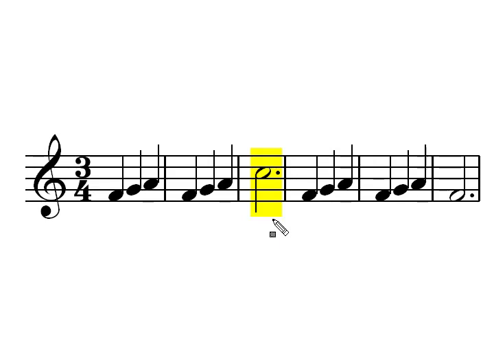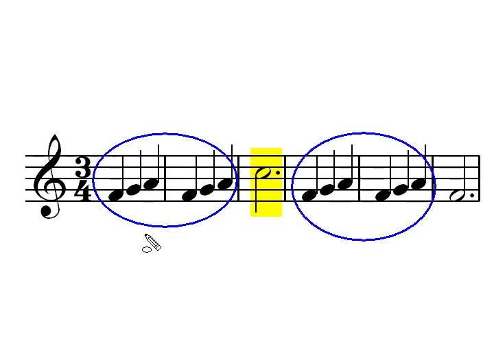But as you can see, this bar and this bar, these 2 bars that I have highlighted with a blue circle, are exactly the same as these 2 bars over here. The only difference are these 2 notes.